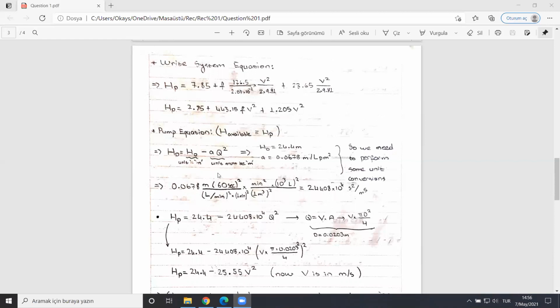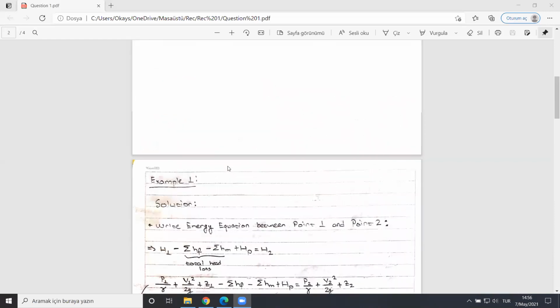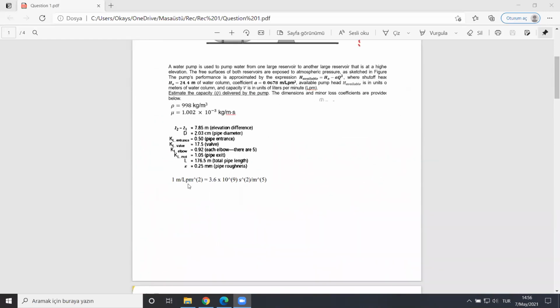And I told you here, 1 meter per liter per minute squared was equal to 3.6 times 10 to the power 9 second squared over meter to the 5.